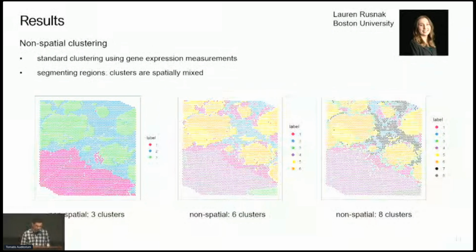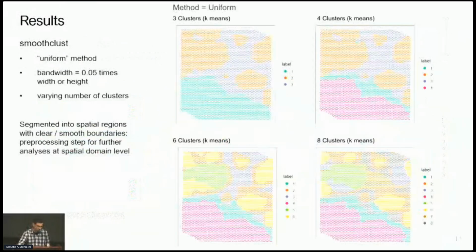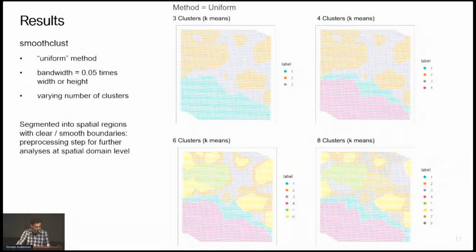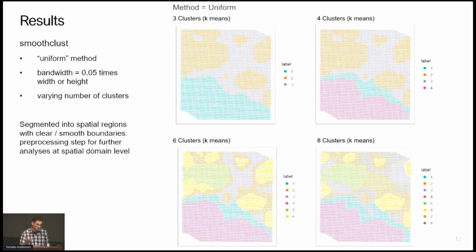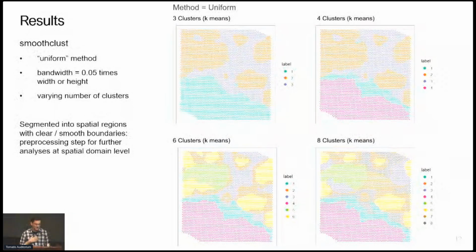If we want smooth regions, this is what we get with smoothclust as an example in this data set, using the uniform method with bandwidth 5% of the width or height of the tissue area. We get these really nice smooth areas and can use these as a pre-processing step for further downstream analyses at the spatial domain level.